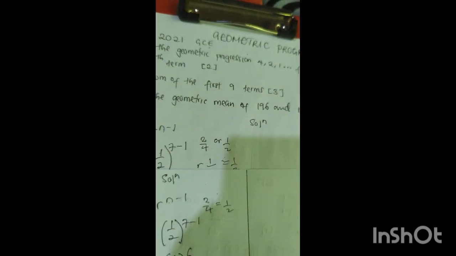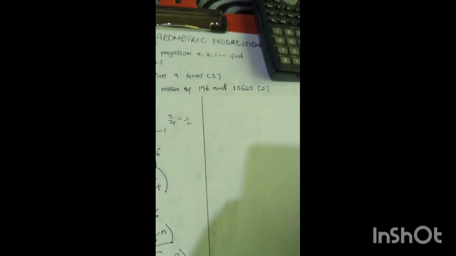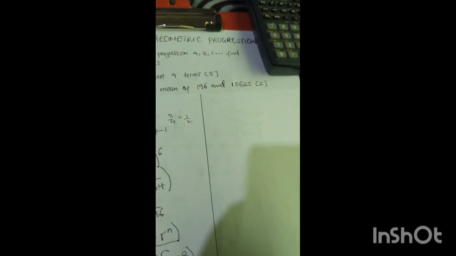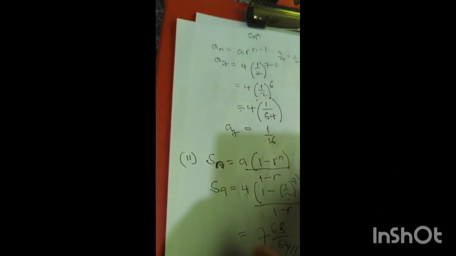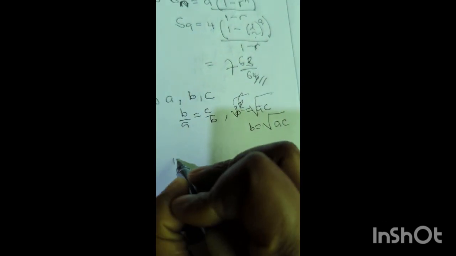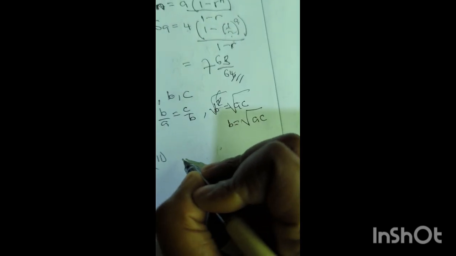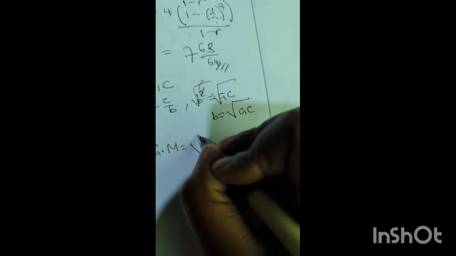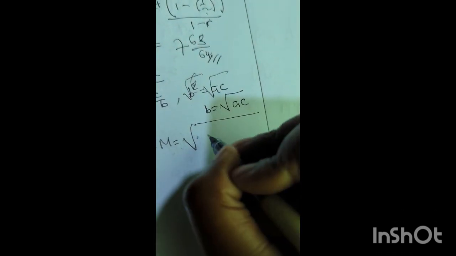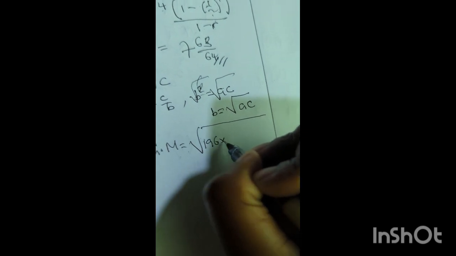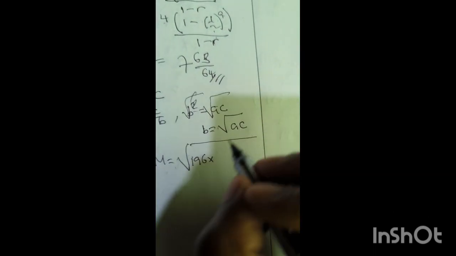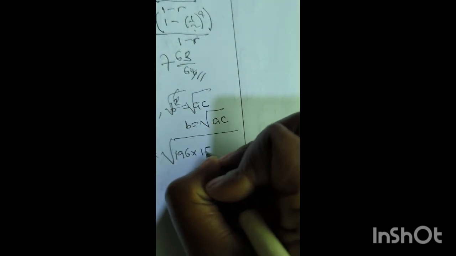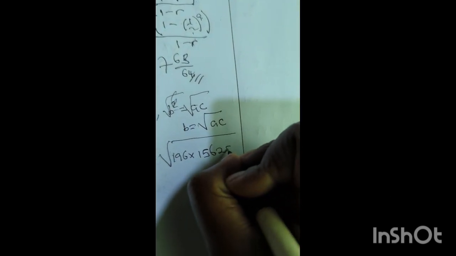Here, the two numbers have already been given: 196 and 15,625. No need to panic. The geometric mean is equal to the square root of 196 multiplied by 15,625.